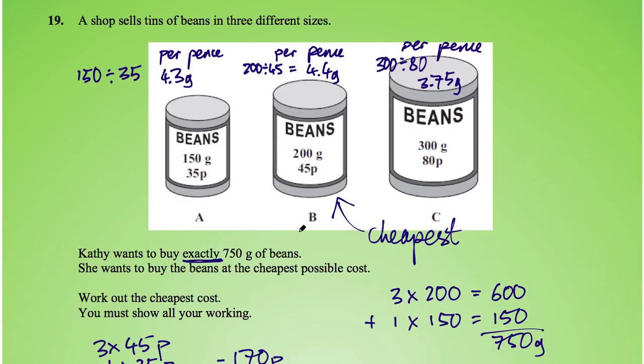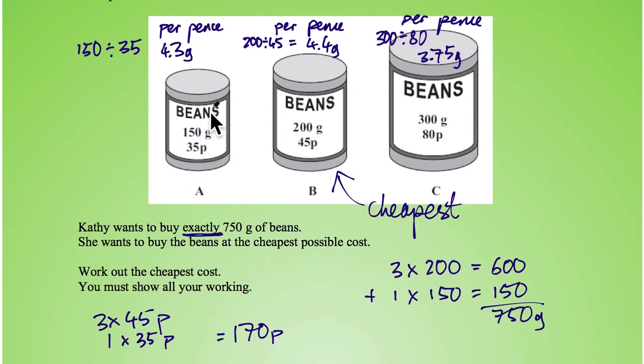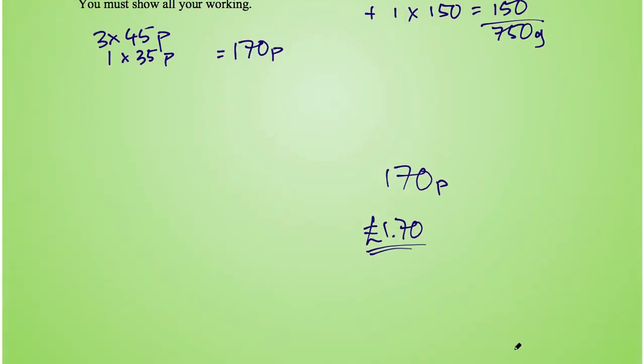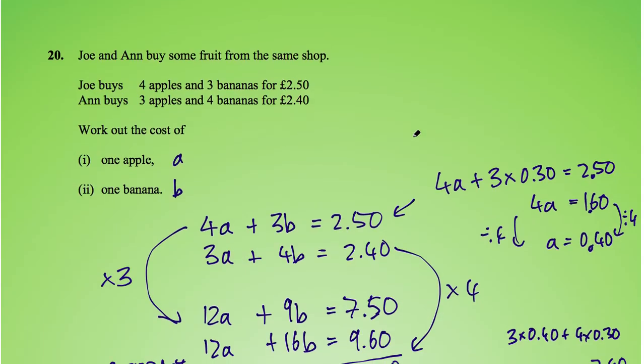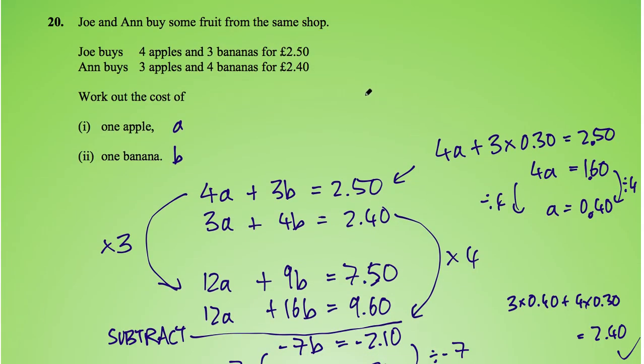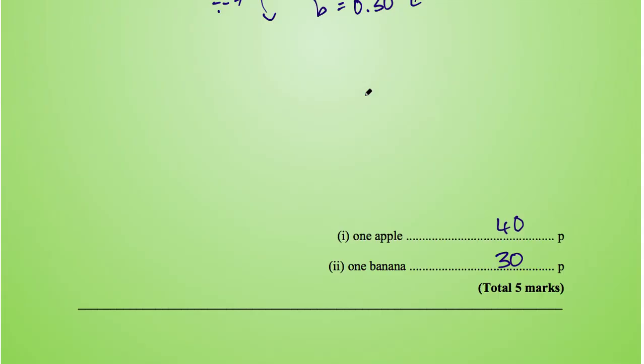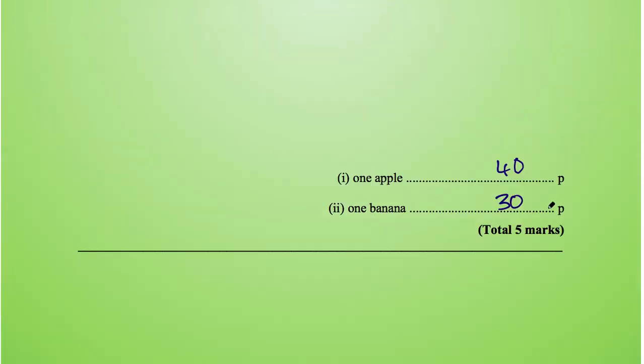Question 19, this is the cheapest tin, or the best value for money tin. Therefore, you get 3 of those, and 1 of those, leaving you to a total of £1.70 for the 750 grams. Question 20, simultaneous equations, complicated if you haven't studied this already. The answer is 1 apple is 40p, 1 banana is 30p.